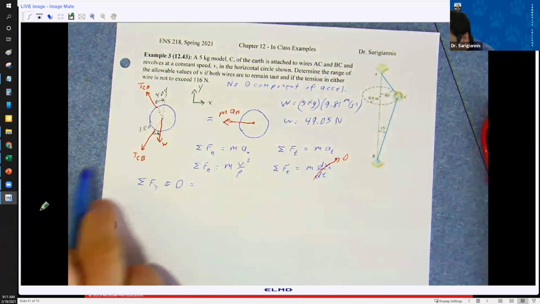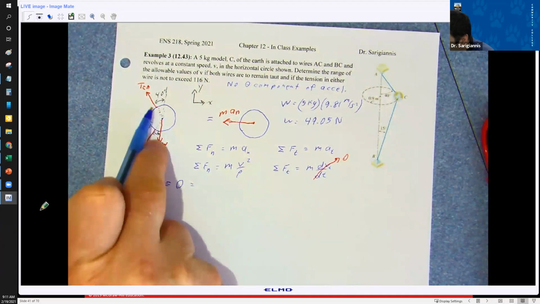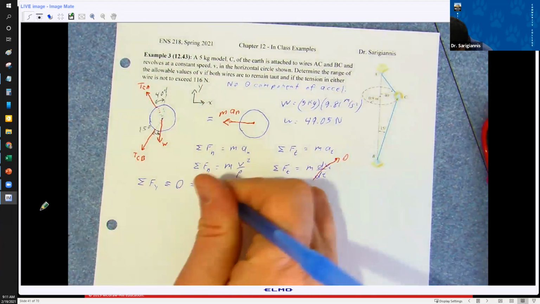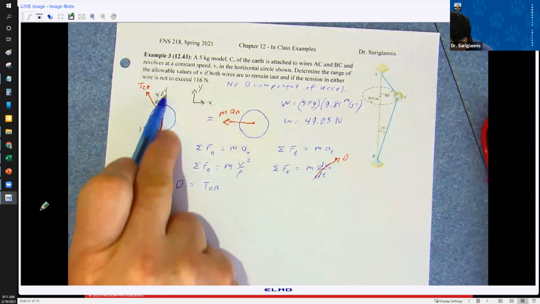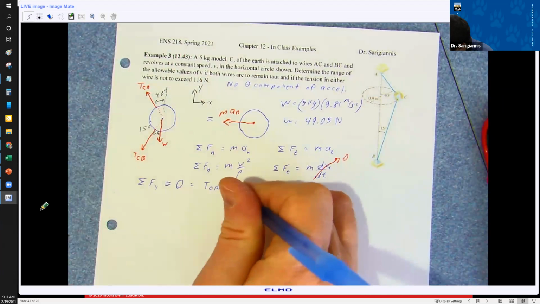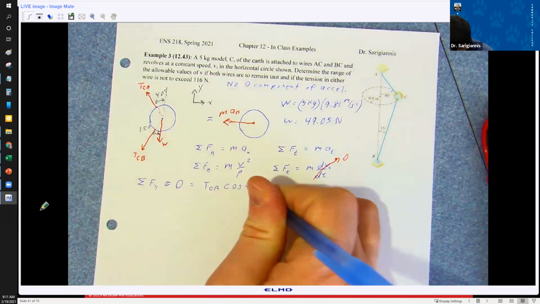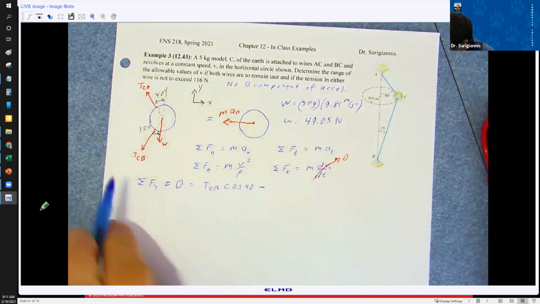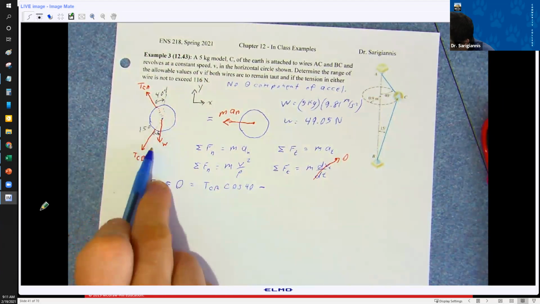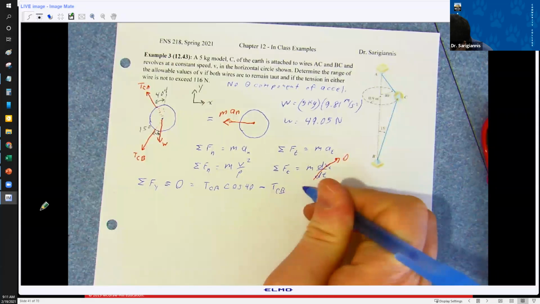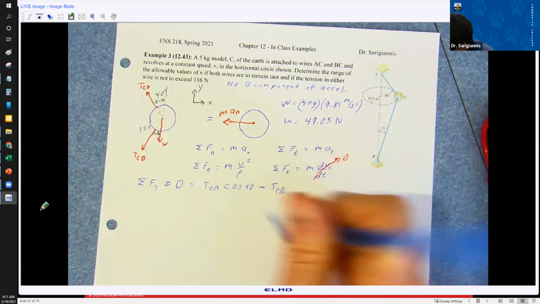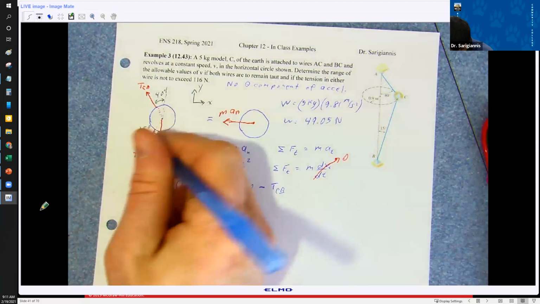So what do I have? I've got the tension of CA pointing upward, and the y component is going to be cosine 40. Then I've got TCB pointing downward, right? So it's a negative. And I've got TCB. In this case, I didn't label the, well, I did, it's 15 degrees.